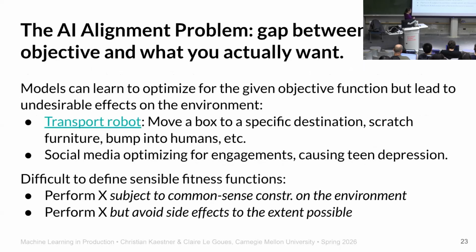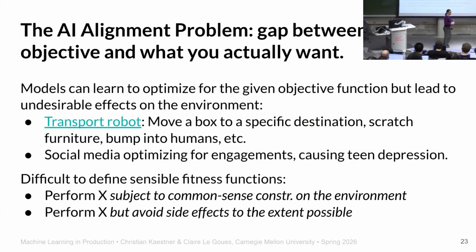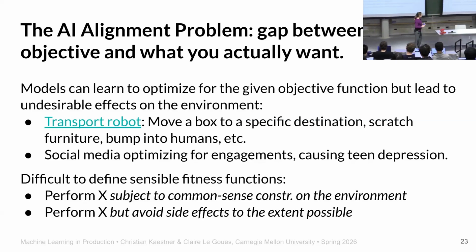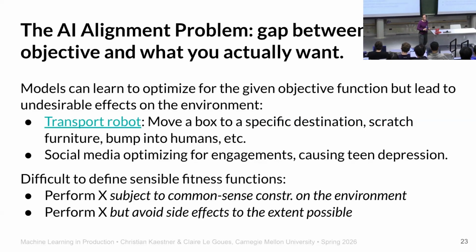So to be a bit more specific about alignment, AI alignment is effectively the problem that there's a gap between a specified objective and what you actually want. In machine learning, you're giving your trained model an objective function that it's optimizing for. So you need to specify what the goal is. And it's very easy to train models that optimize for the given objective but lead to undesirable effects.